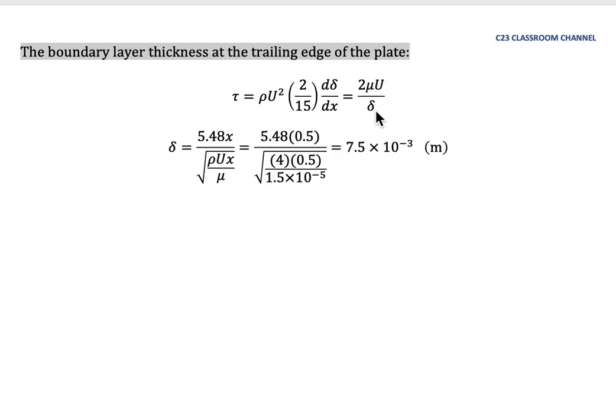We get this term. We do the integral to get the value of delta, and finally we get delta is 5.48x over root Reynolds number. You could refer to this solution in our previous lesson. Finally, we substitute the value in this equation, and we could say that delta is equal to 7.5 times 10 to the power of minus 3 meters.